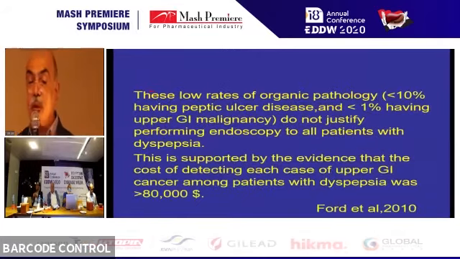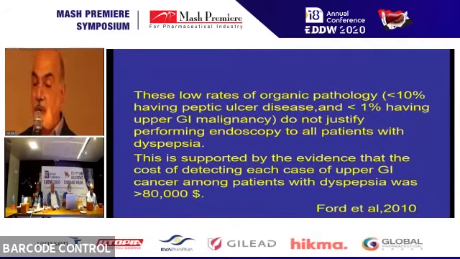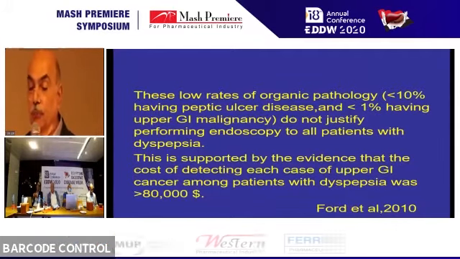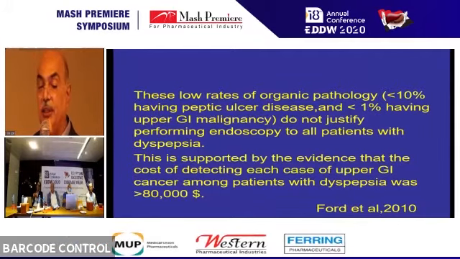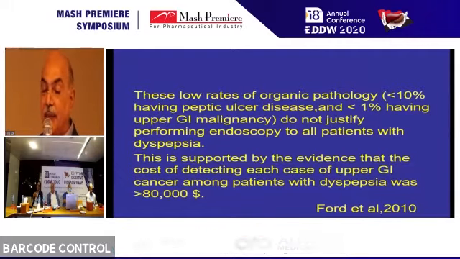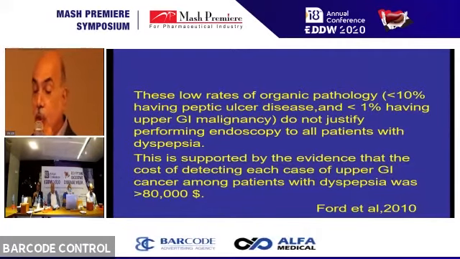The low rate of organic pathology, less than 10% for peptic ulcer and less than 1% for malignancy, doesn't justify performing endoscopy in all patients with dyspepsia. This is supported by the evidence that the cost of detecting each case of upper GI cancer among patients with dyspepsia could be more than $80,000.